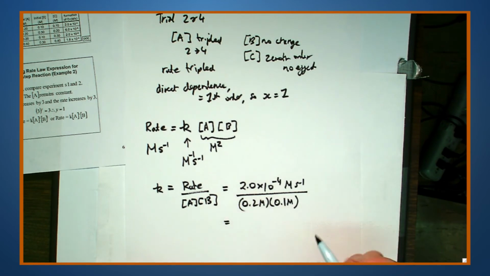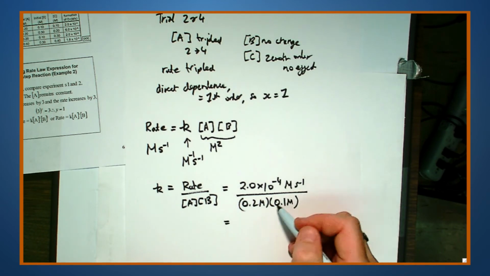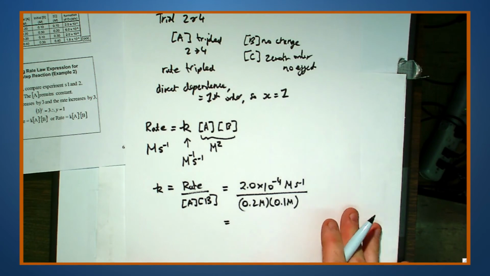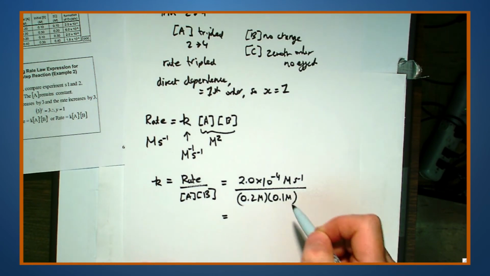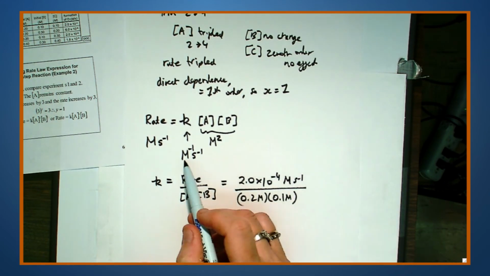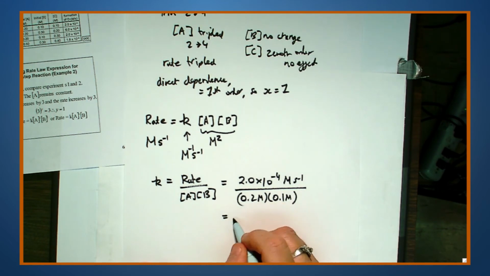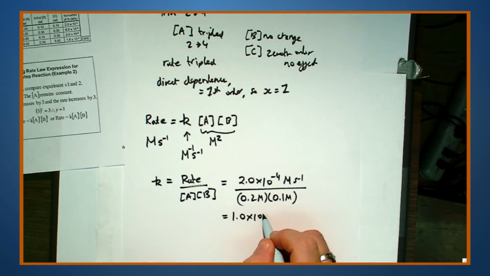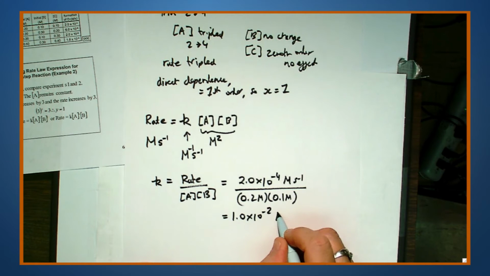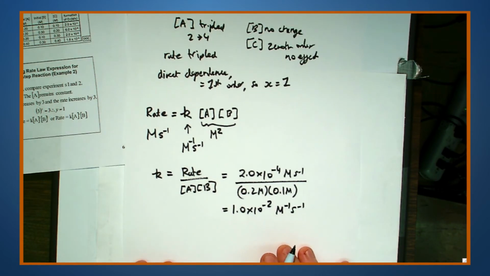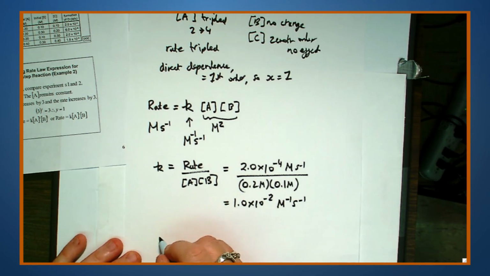Once you've done your math, you'll notice that one of the molarities goes away, and we're just going to end up with molarity to the minus 1 times seconds to the minus 1, just like we predicted. And the number that we get is 1 times 10 to the minus 2, and it's molarity to the minus 1, seconds to the minus 1. So now we have everything.